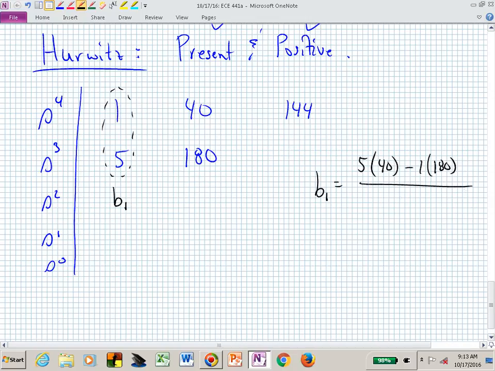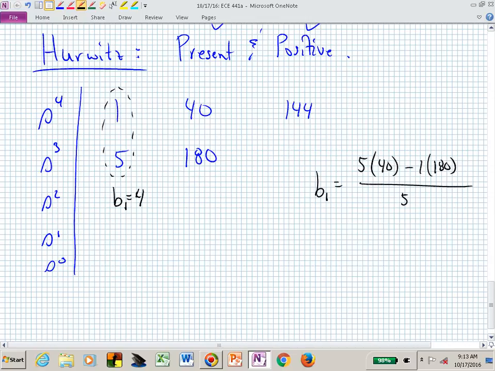And then we divide that by 5. Or we have 200 minus 180, 20 divided by 5, that's 4, so we can now simply write down, and we wouldn't have to label that as b sub 1, you can just put a 4 in that location, that's fine. But I'm trying to show you where these are coming from.